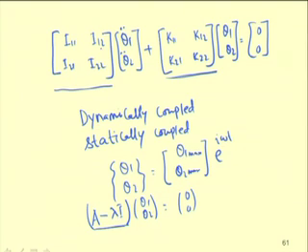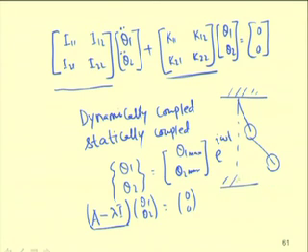So, in this case one can get two eigenvalues corresponding to two modes of vibration. So, in one mode, if one plots it, for the first mode the system may look like this, and for the second mode the system may look like this.